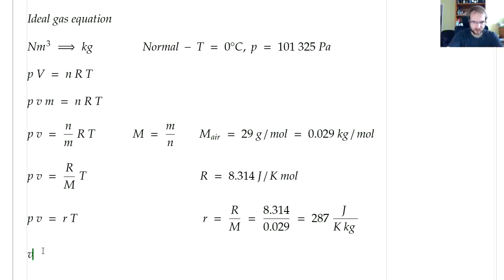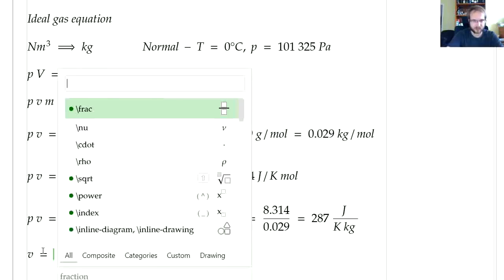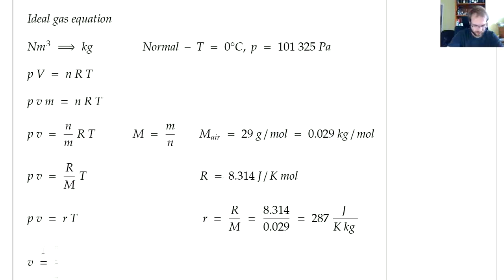So specific volume equals RT over P, and one more thing we can write. What is the specific volume? Specific volume is just the inverse value of density.